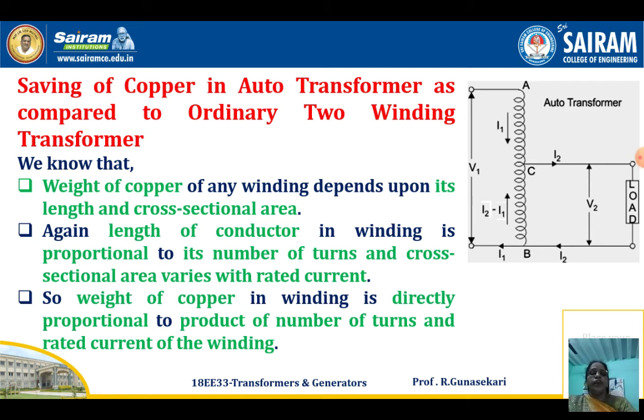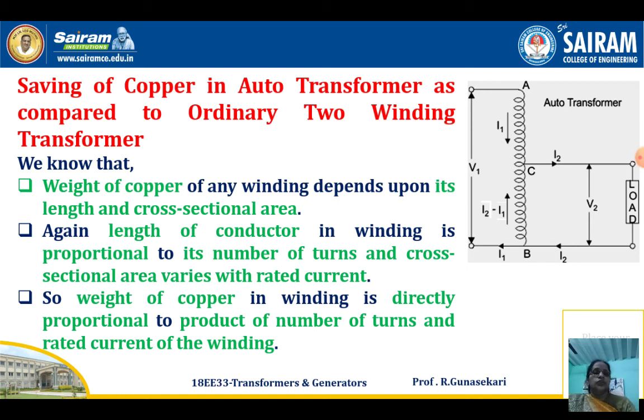Therefore the weight of copper is directly proportional to the product of number of turns and the rated current of the winding.